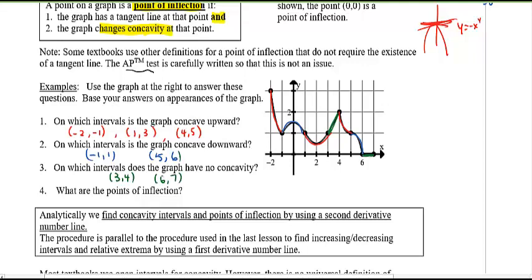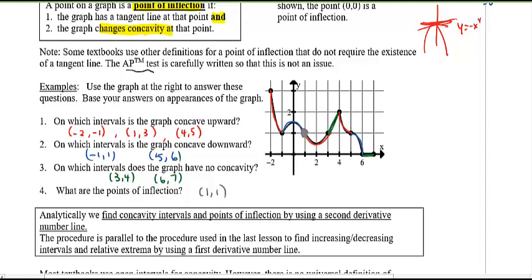And so now my question is, where are the points of inflection? Where does concavity change? It changed right here. 1, 1, right? Where else did it change?